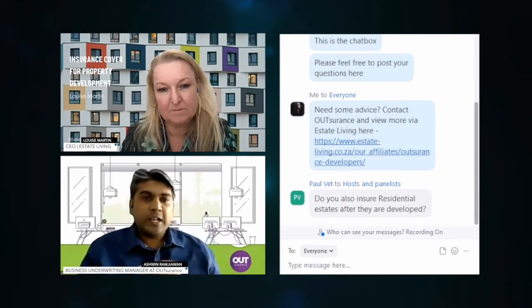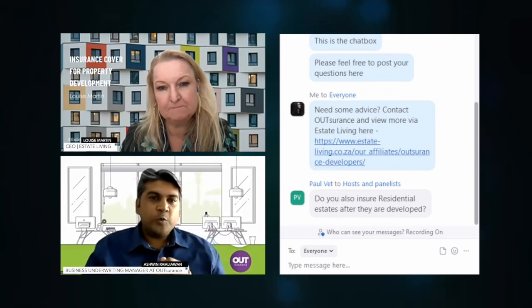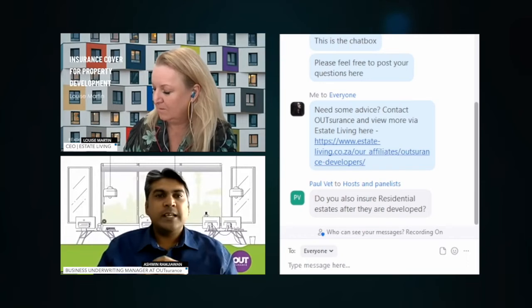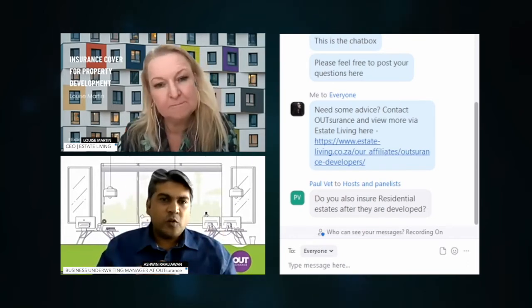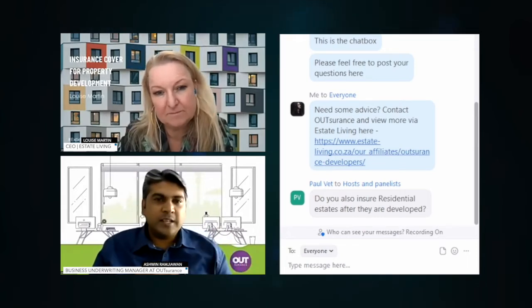Then you get a run-on cover. I think lots of people miss this. Run-on cover will typically mean when a contractor approaches an underwriter or an insurer and says, listen, I need to take out contractors all risk, but I've already started the project, or the project is 2 months down the line.